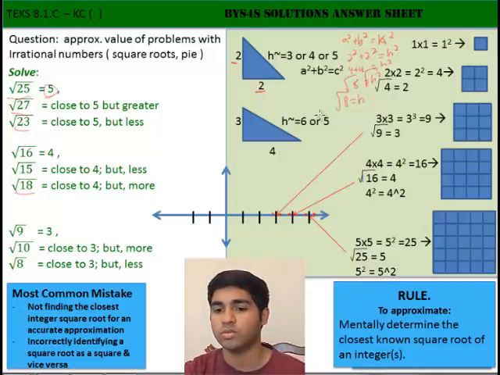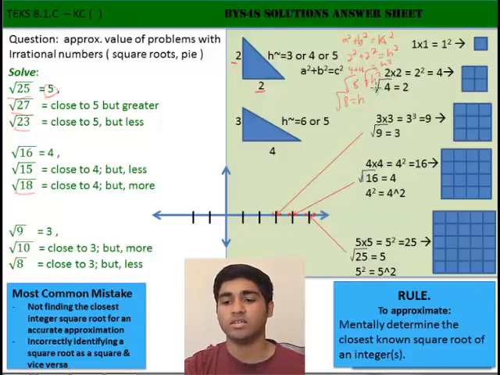So the closest perfect squares to those are 2 and 3. Whenever you look at those, you know it's closer to 3 because 3 squared is 9. And that's how you find what the square root of 8 is close to.